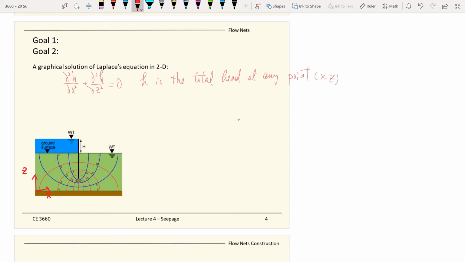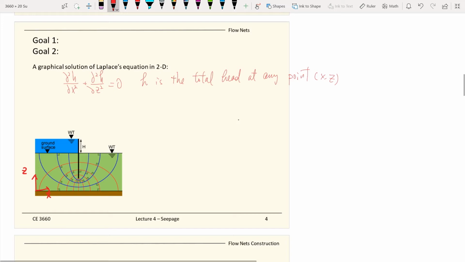So the beauty of this is through the Laplace equation here. If you solve this Laplace equation, then you can solve for all the heads at any point within this soil site where the geostructure is. And to solve this Laplace equation, the solution is in terms of the total head.